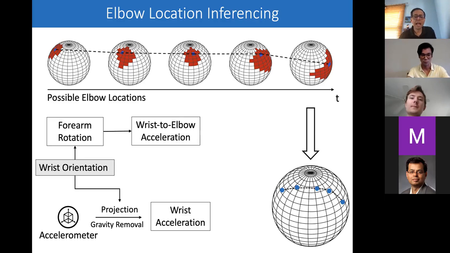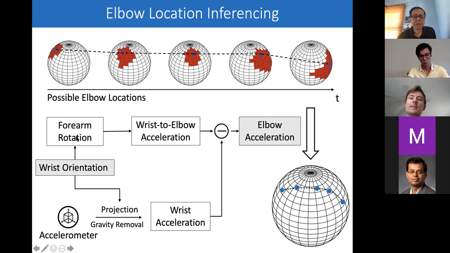And for the elbow, you basically do your forearm rotation from your elbow, you do wrist to elbow acceleration, and then you calculate elbow acceleration from your measurement. Don't worry if you don't understand the full details, right? But from your IMU, if you know the wrist, you can come up with some elbow acceleration, but it will diverge. Your red point cloud is going to actually curb the divergence.